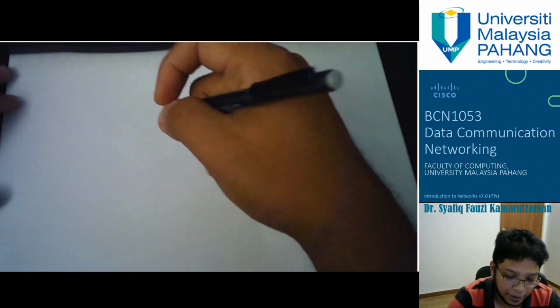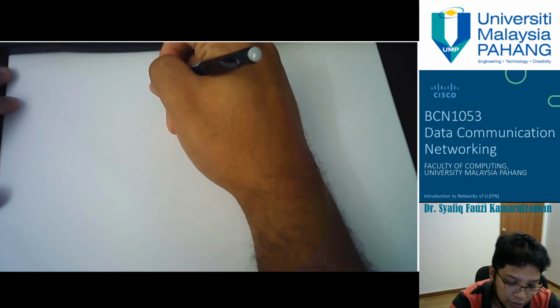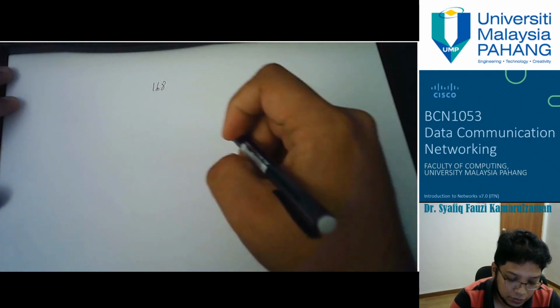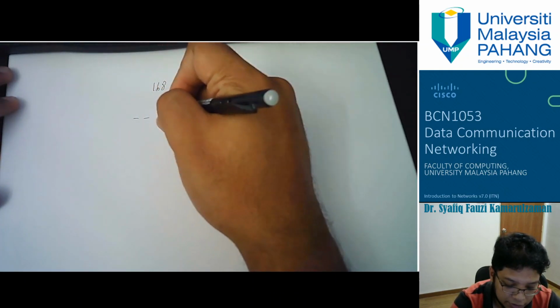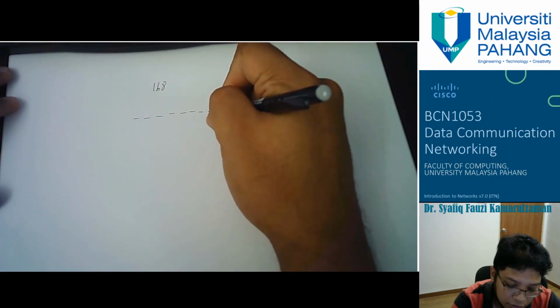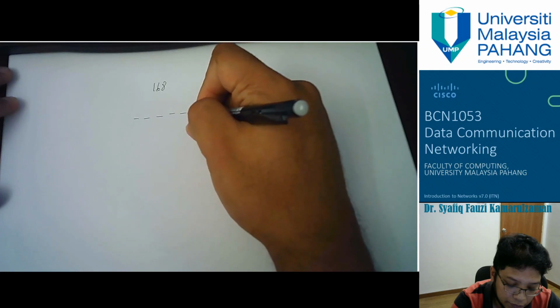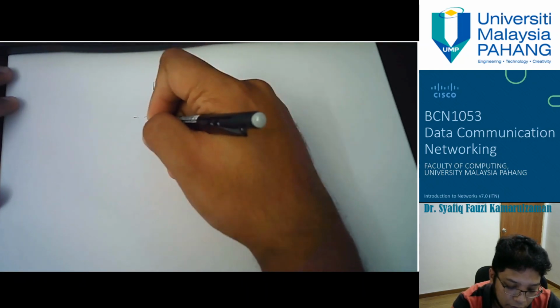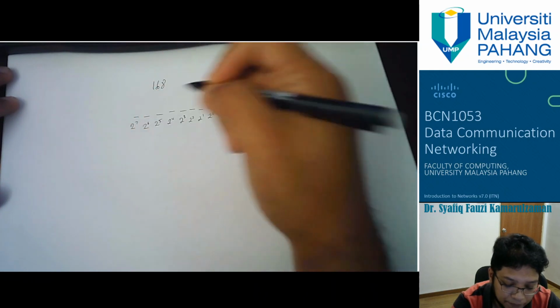So here I have a paper with me. You want to calculate the binary of 168. Firstly, you need to draw 8 boxes. And these are 2 power of 0, 2 power of 1, 2 power of 2, 2 power of 3, 2 power of 4, 2 power of 5, 2 power of 6, and 2 power of 7.